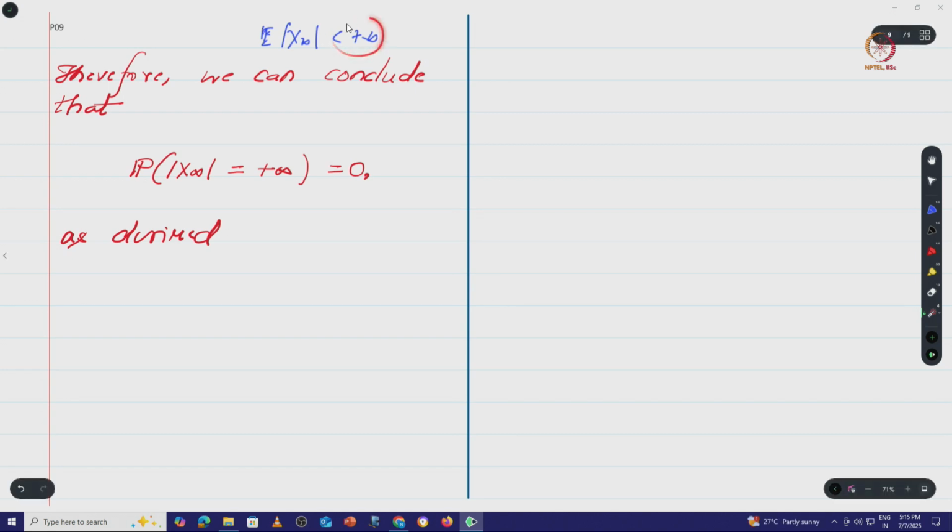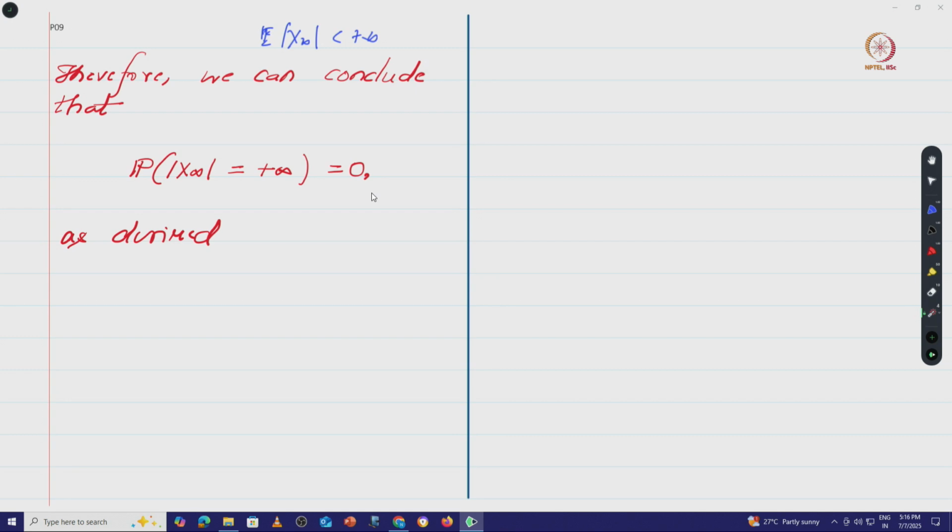Now since we have shown it is strictly less than infinity, it can only happen when this probability is 0. Now because this probability is 0, we can conclude that your absolute value of x infinity is a finite number almost surely, right.